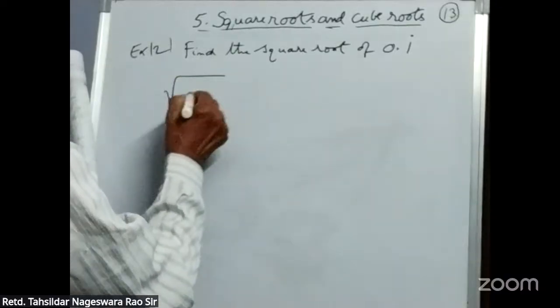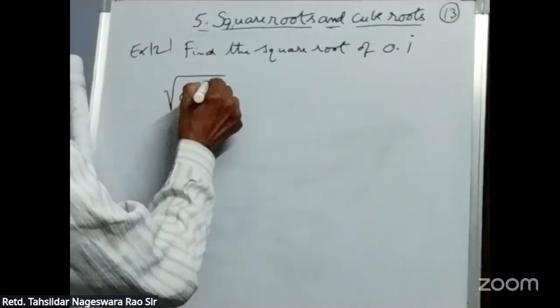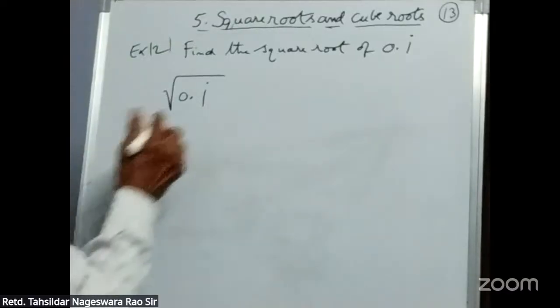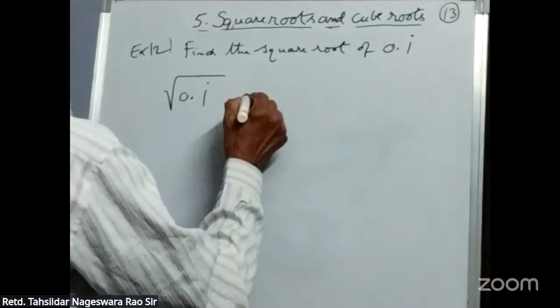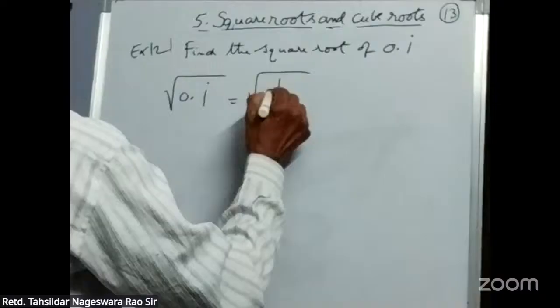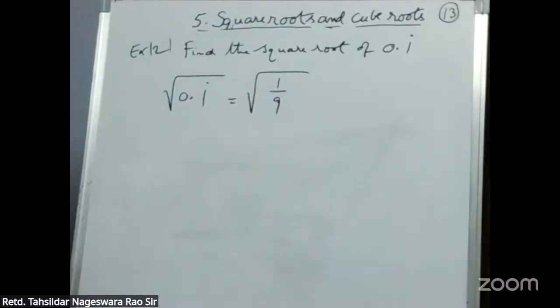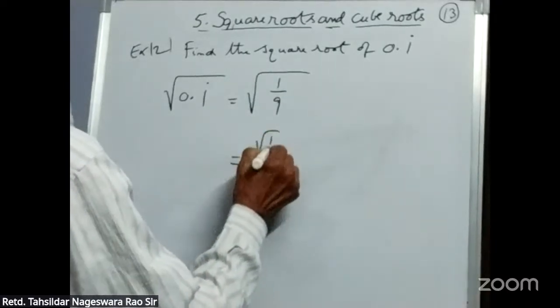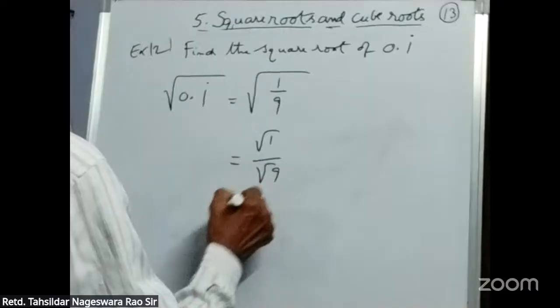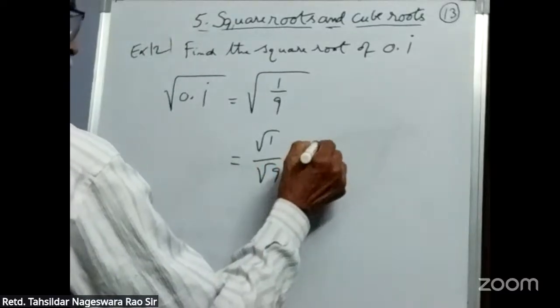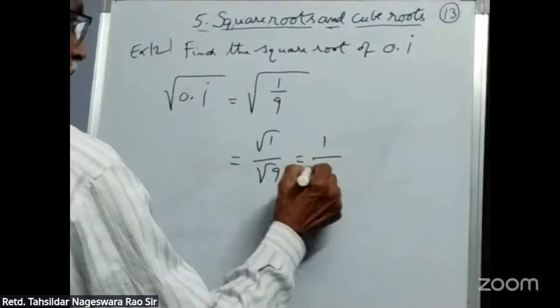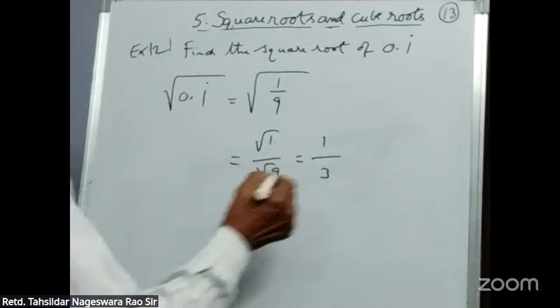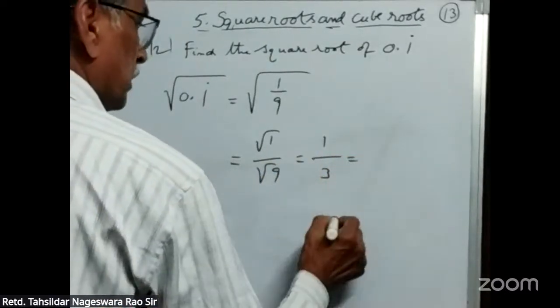Here we want the square root of 0.1 recurring. 0.1 recurring will be 1 by 9. Square root of 1 by 9 will be square root of 1 by square root of 9. Square root of 1 is 1, square root of 9 is 3. Again 1 by 3, 1 divided by 3.